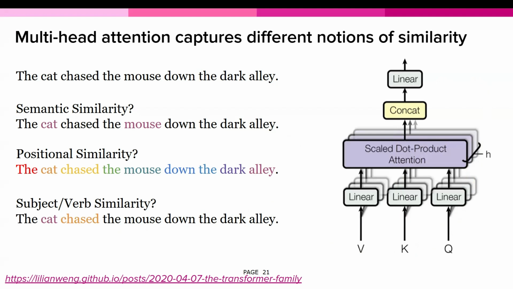So instead of performing one attention calculation with the full embedding dimension, we split the queries, keys, and values into smaller parts and apply multiple attention heads. Each head has its own set of learned projections, so it can independently look at different aspects of the relationships between tokens.